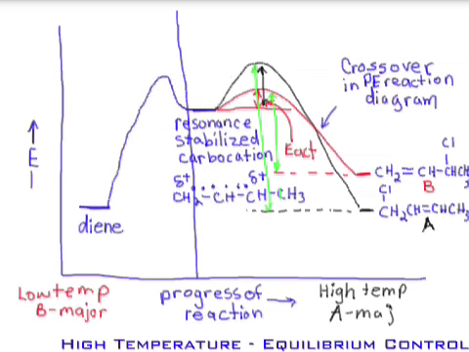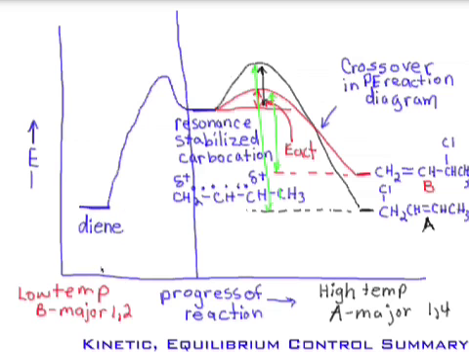Now, A, remember, was what we called the 1,4 addition product. B was the 1,2 addition product. When you're at low temperature and the energy of activation for it is controlling the reaction, you are said to be under kinetic control. What is a kinetically controlled reaction?